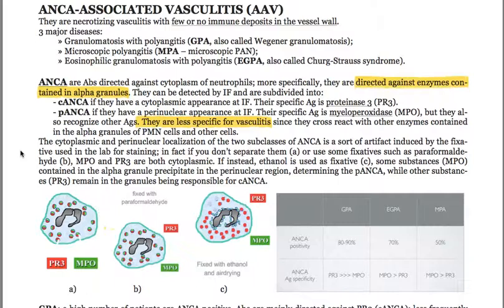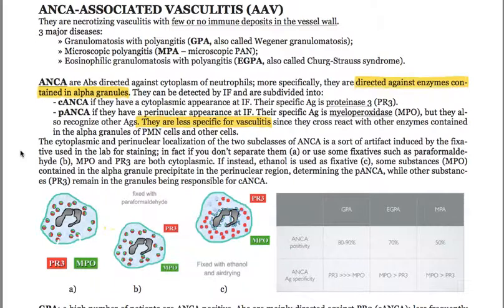So, ANCA positivity is present in 80-90% of cases in GPA, 70% of cases in eGPA, and 50% of cases in MPA, microscopic polyangiitis.